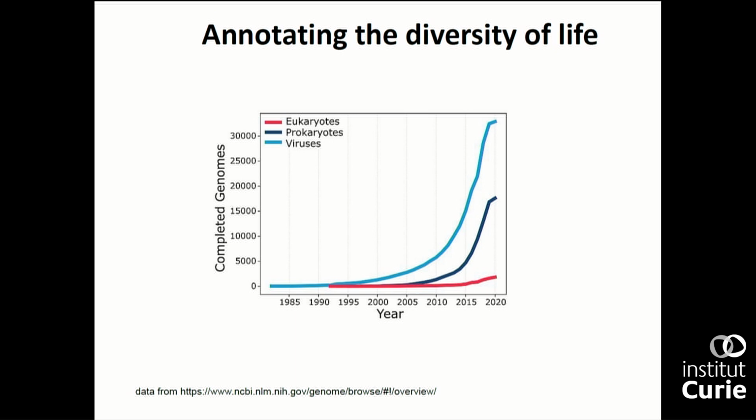More and more DNA sequencing is done, more and more techniques and algorithms are available to obtain complete genomes, so you see this exponential increase in the number of genomes obtained every year, with an artifact here. And you realize that annotating all these genomes is simply impossible to do with experiments. We will have to rely on computational methods.